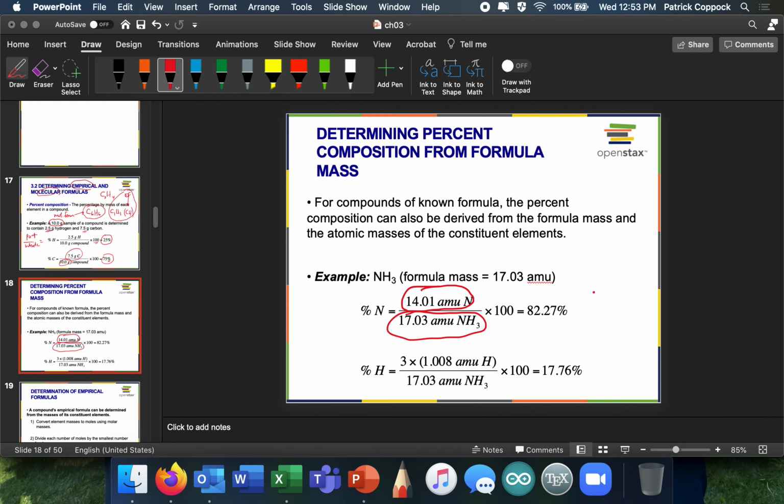So it turns out that the mass percent of nitrogen in ammonia is 83%, right? Because most of the mass of an ammonia molecule is nitrogen, okay? And the mass percent of hydrogen in ammonia is 17% or 18%, right?